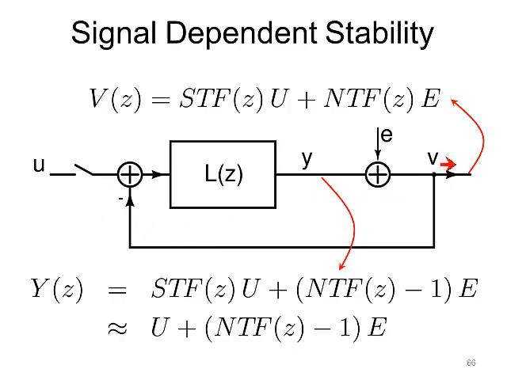The output of the delta sigma loop is the signal transfer function times U plus the noise transfer function times E. At low frequency, the signal transfer function is approximately U. So the input to the quantizer, which is basically the output of the modulator plus the quantization error sequence, must be (NTF minus 1) times E. In other words, the input to the quantizer, which is inside the delta sigma loop, consists of the input plus some shaped quantization noise.